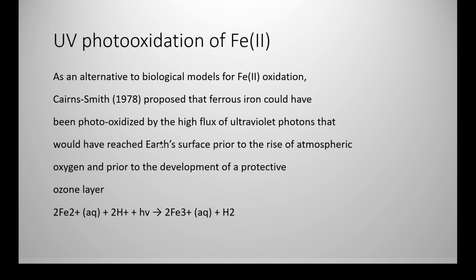So this could have only happened due to there not being the protective ozone layer on the Earth, which then would have allowed these high flux ultraviolet photons to reach the area where this reaction would have occurred. In this reaction, it is taking ferrous iron with a photon and turning it into ferric iron and hydrogen.